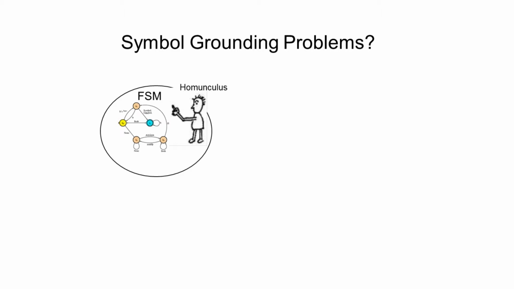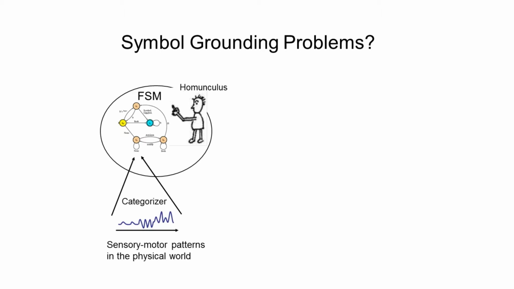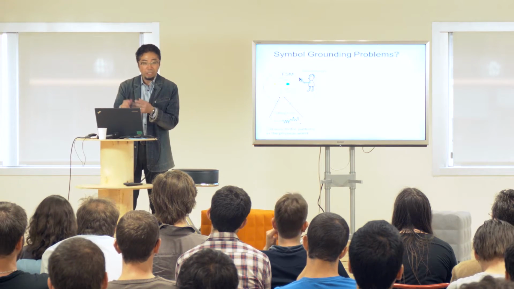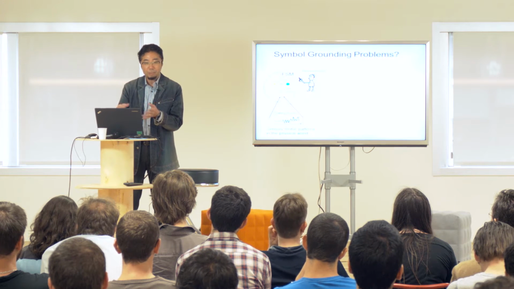Stevan Harnad once asked how the symbolic process in higher cognition can have a smooth, natural interaction with sensory motor level things in the physical world. What he suggested is that if we provide a nice categorizer in terms of soft computing, like a neural network or fuzzy logic, then the symbolic system might be able to interact with sensory motor things.